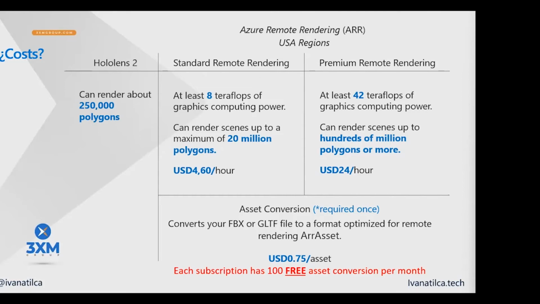Let's talk about polygons, that we said that we have 250 in HoloLens. In the standard remote rendering, we have approximately up to 20 million polygons, while in premium, we have up to hundreds of millions of polygons or more. So that's the difference between one and the other.